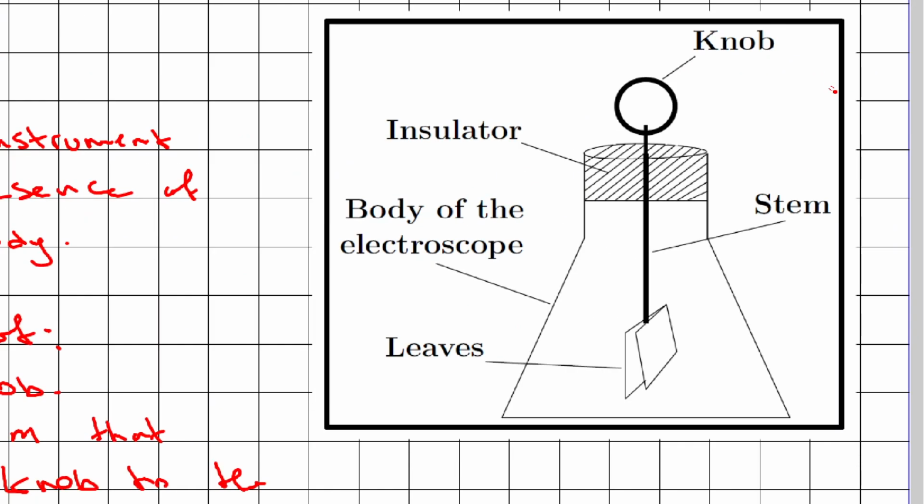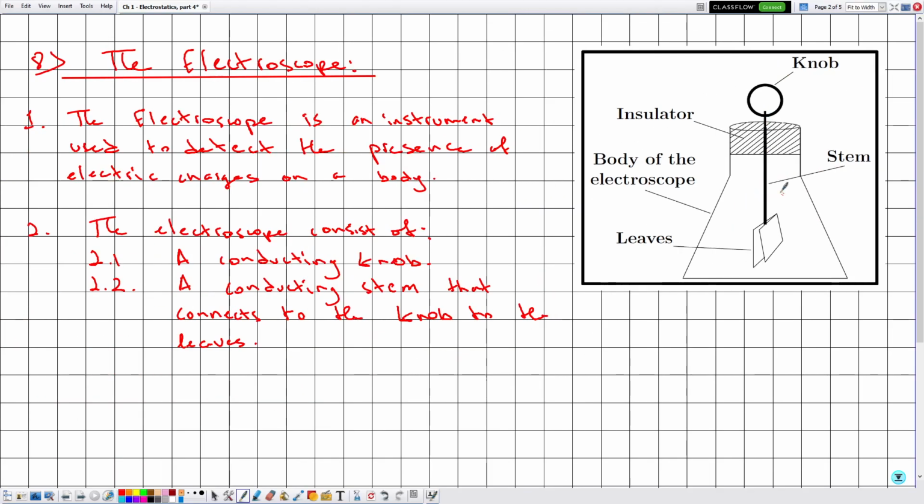So notice that the knob, the stem, and the leaves are all conductors, connected to each other.